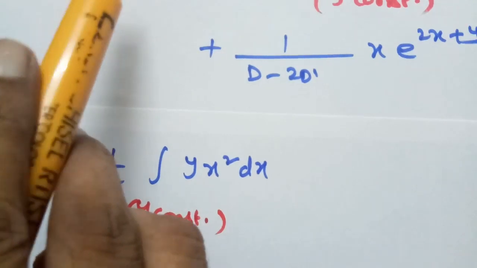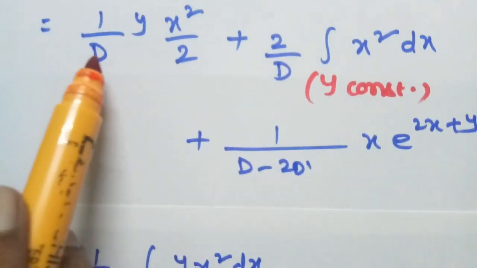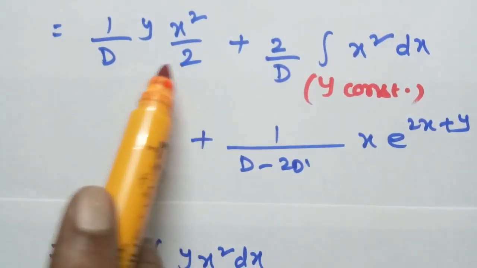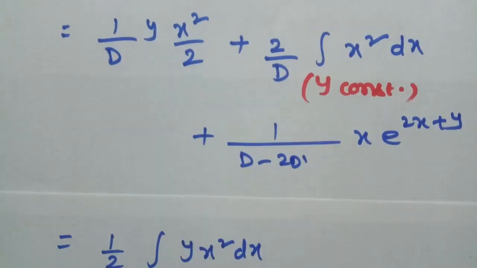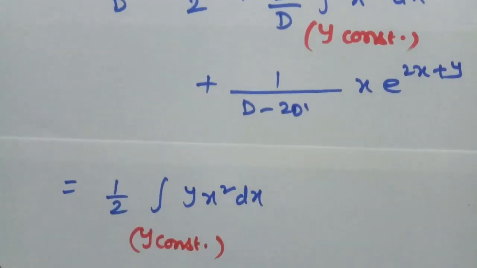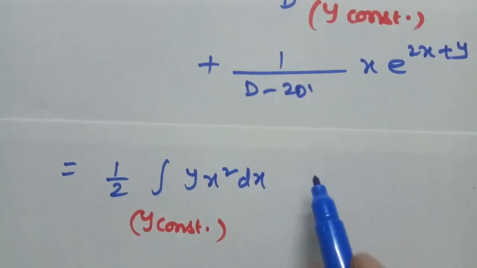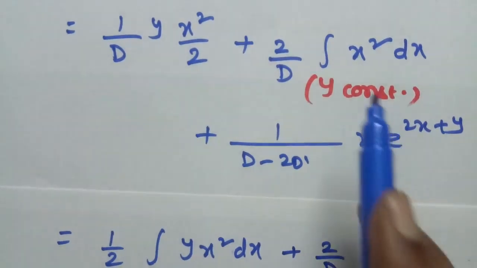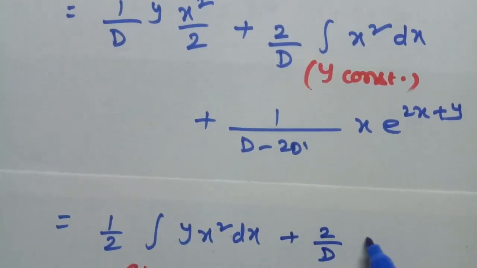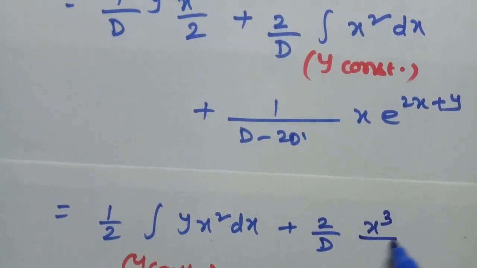Here y into x square by 2, plus 2 by d into integration of x square, x cube by 3.